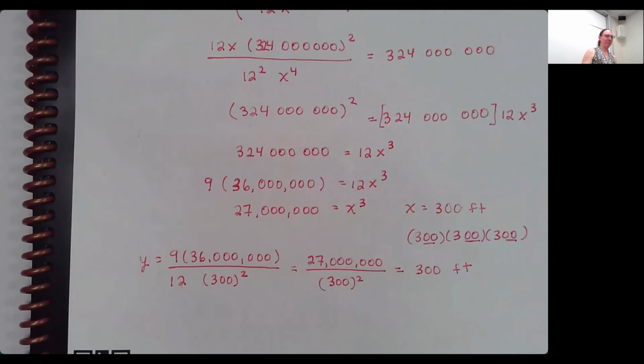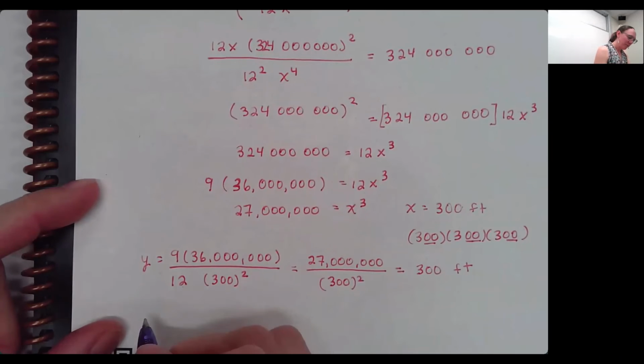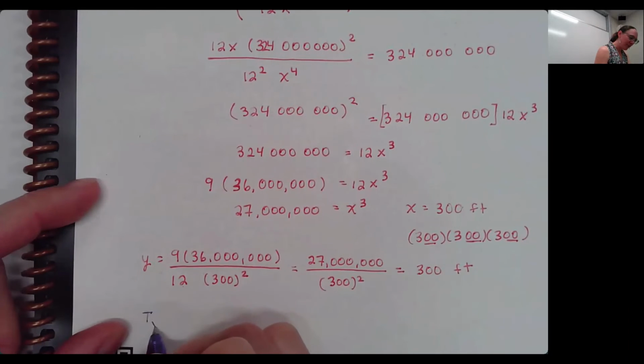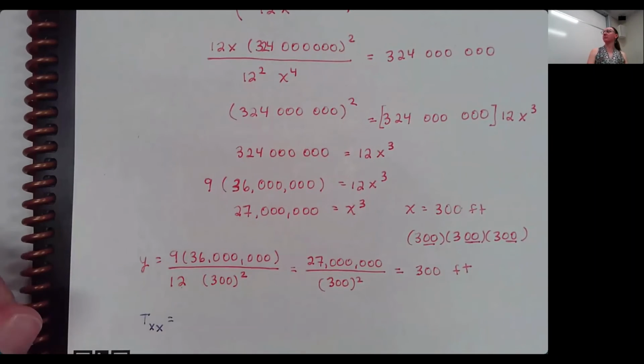I'm good either way. Wait, what? Okay, let's do it. So if I'm going to check to see if this really is a minimum, I need to take those second partial derivatives.